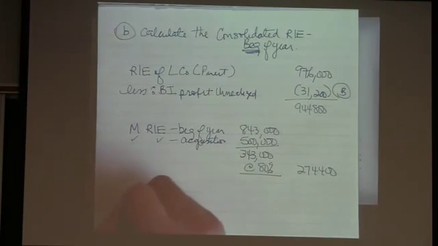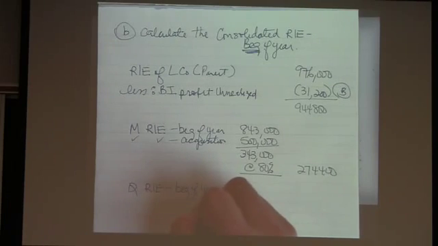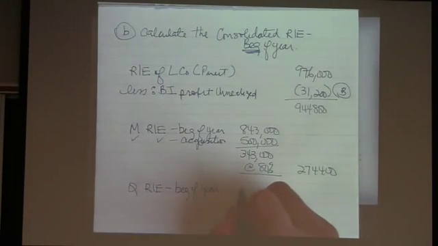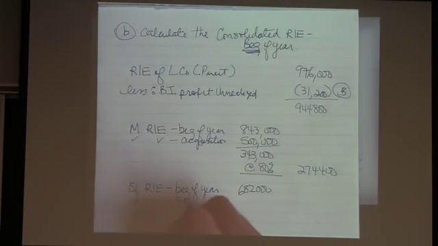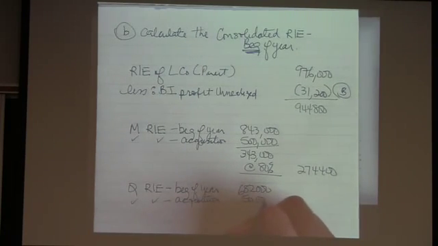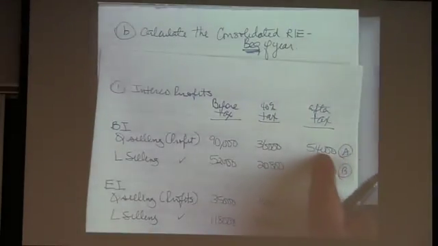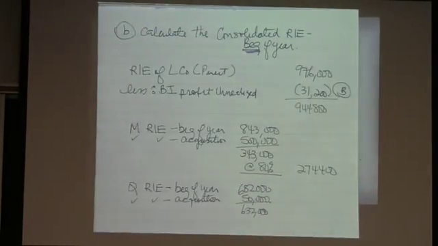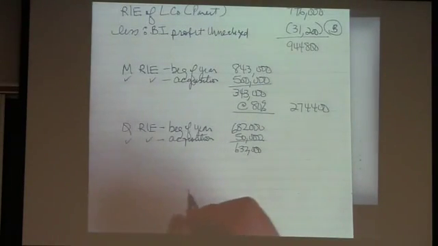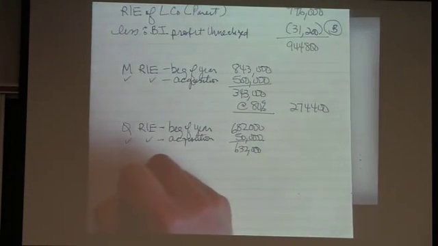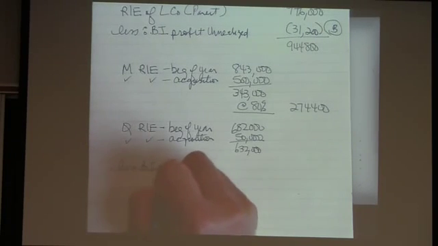What about Q? Q's beginning retained earnings is 8,682. Q's retained earnings at acquisition is 50. The difference is 632. Now, Q sold, right? There was a $54,000 profit. We're going to take that out. Less beginning inventory profit unrealized.